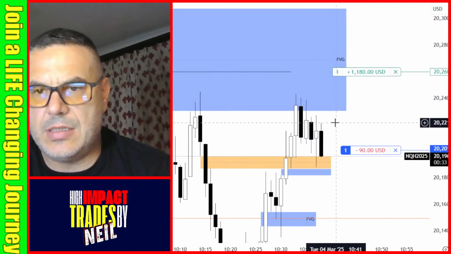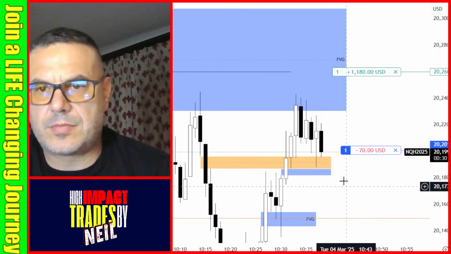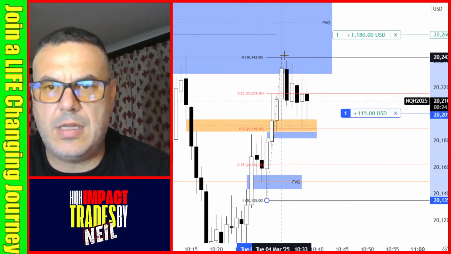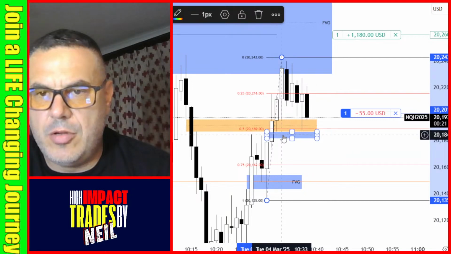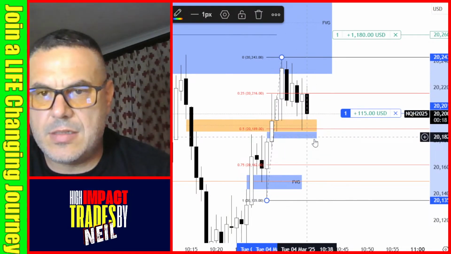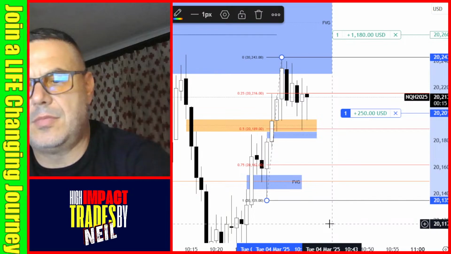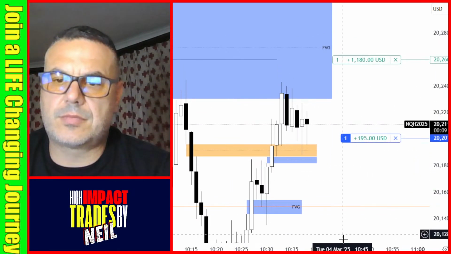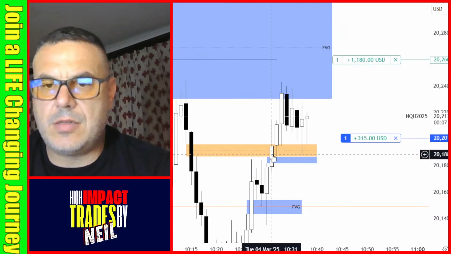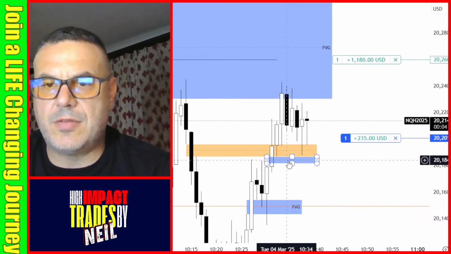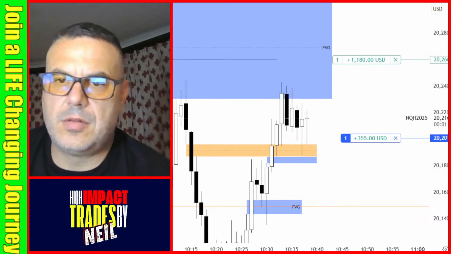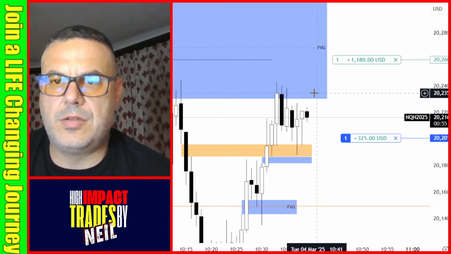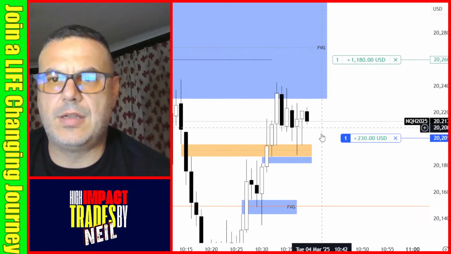Nice liquidity forming down here. The one thing you could say, if you take the swing low here and the swing high there, that blue block there, that's probably where the buys are waiting to bounce from. Nice equal lows forming just on top of that little fair value gap. So we're either going to go up there, or it can do its thing, bounce in there and then rally up.